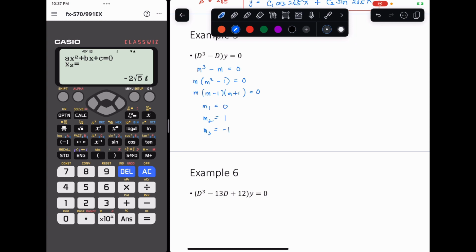So we can verify that one again. This is a third order or third degree polynomial. So we have m cubed, which is 1. m squared is 0. This is negative 1.